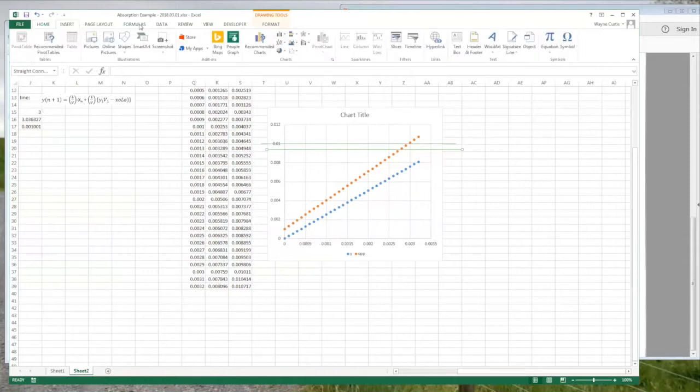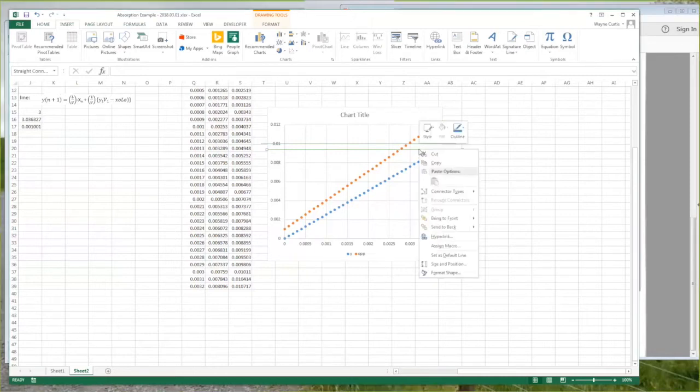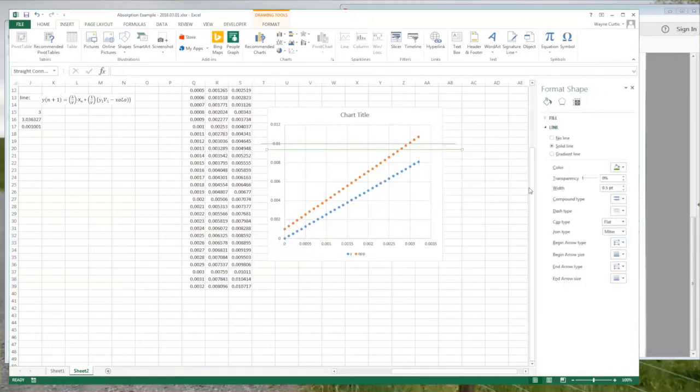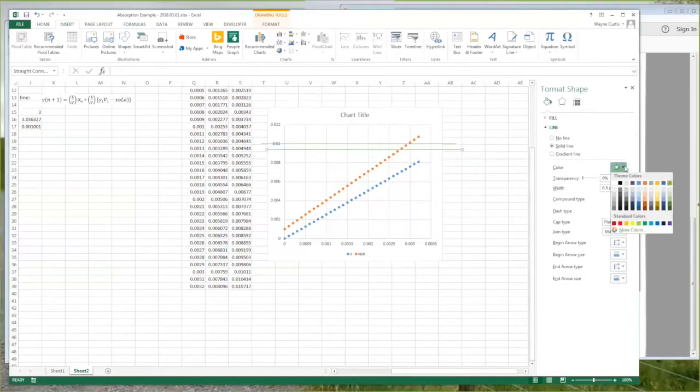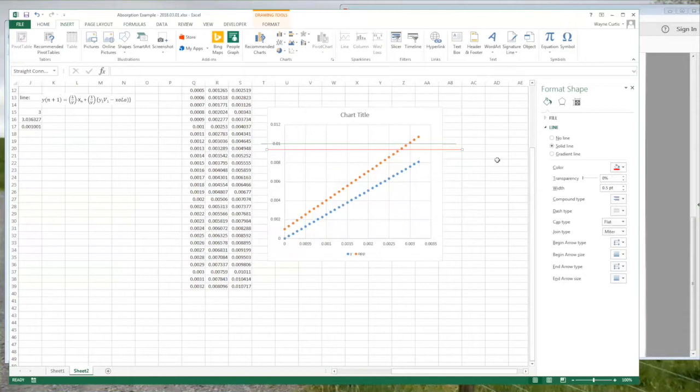So let's see if it will let me color that line. Let's think of it from heading across, that we're finding the equilibrium. So if I were to place this here, this is our operating point leaving the reactor.